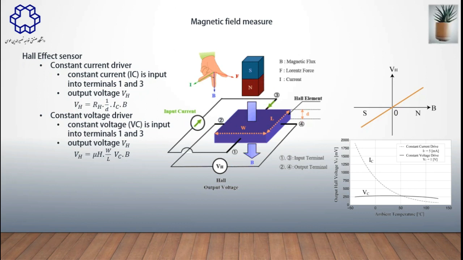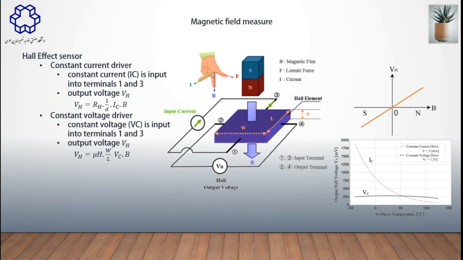We can supply the Hall effect sensor at pin 1 and 3 with constant current or constant voltage. Magnetic flux is linearly related to output voltage, as you see in the right diagram.